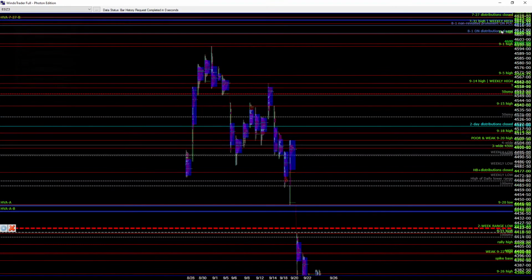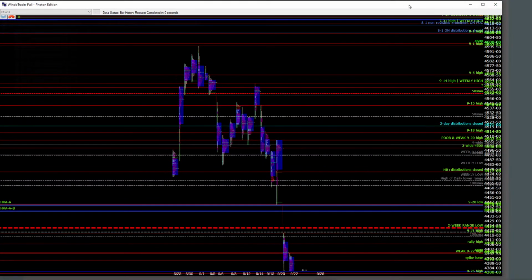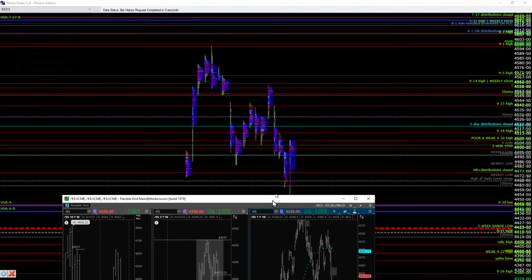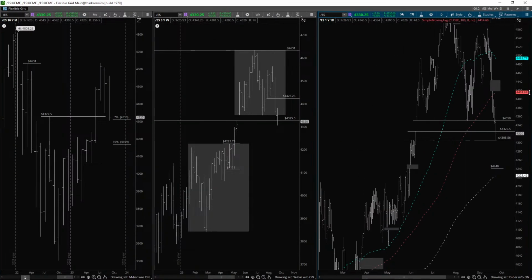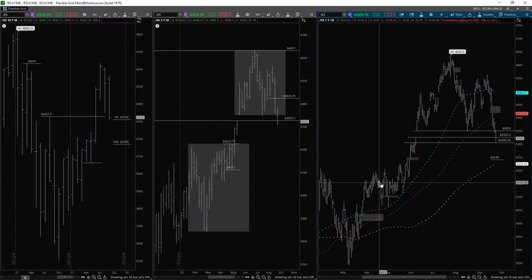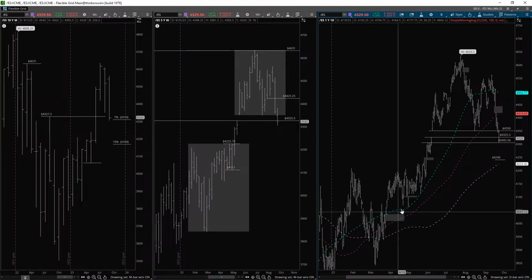So the same kind of weakness, the same kind of structure that we have in this process, in this rally that came, where it came from. This is the previous contract. It starts here, and the other one starts here.